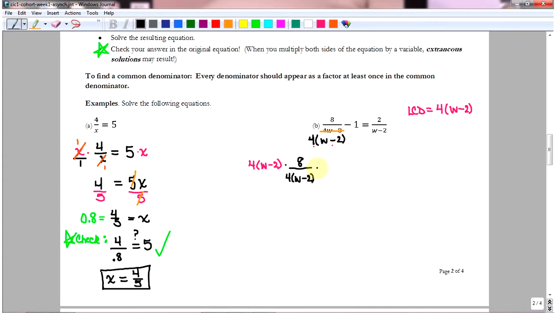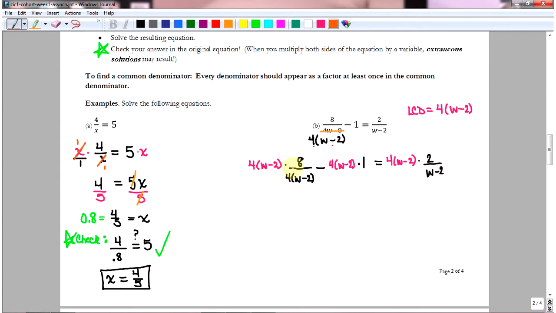Then we have a minus. We're multiplying 4 times w minus 2 times that term also. So that's times the 1 equals, and now we need our 4 times w minus 2 times the fraction that we started out with, 2 over w minus 2.